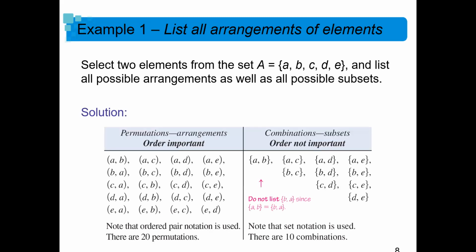If we list all possible arrangements in permutation, we use parentheses on the left side, and there are 20 permutations. But for combinations, where the order is not important, we only have half of that, which is 10 possible combinations.